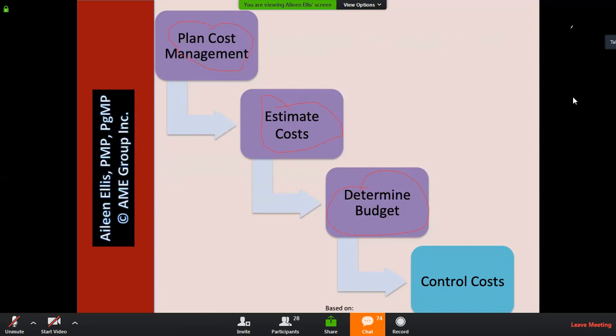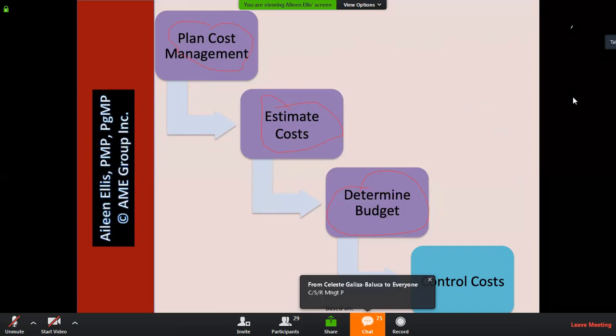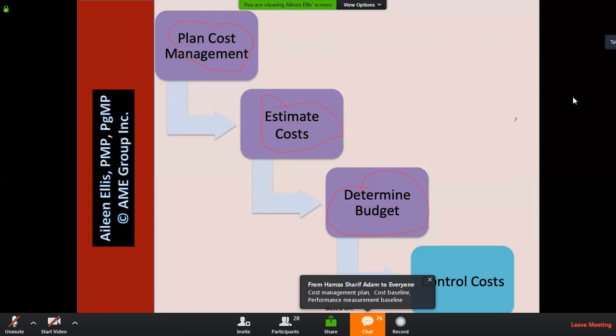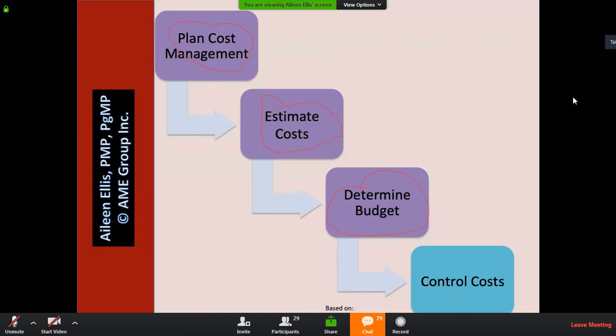So with project management plan updates, can you tell me what are the 3 elements that are most likely being updated? It would be the cost management plan, it would be the cost baseline, and it would be the performance measurement baseline. Again, when we think about project management plan updates here, it's the cost baseline, the cost management plan, and the performance measurement baseline.